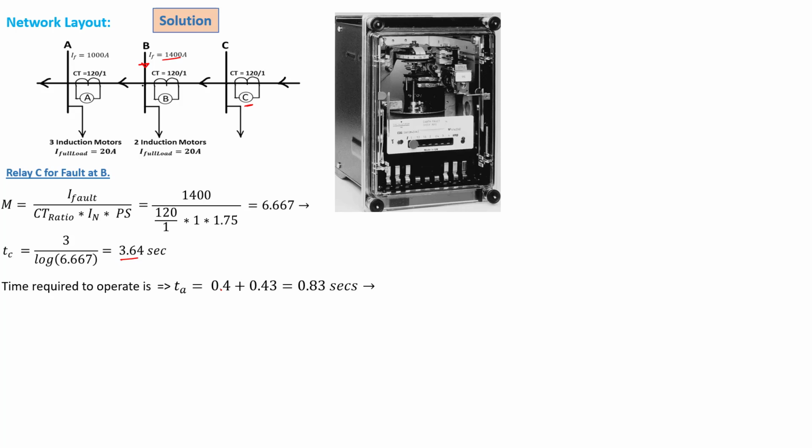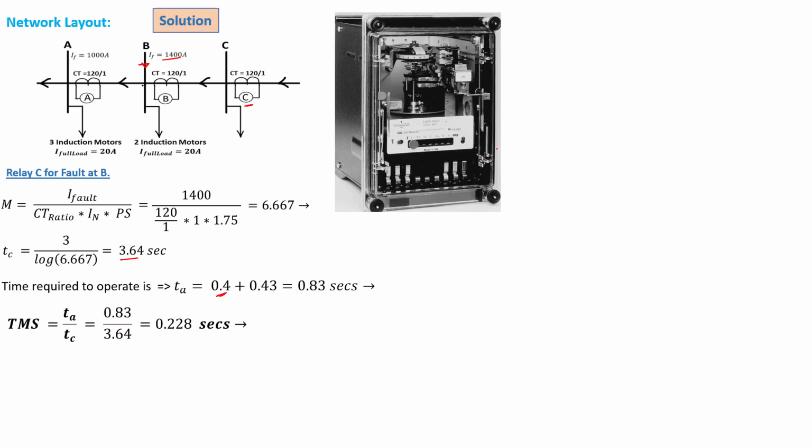So we're adding the grading margin of 0.4 plus the operating time of this relay, before this relay can react. That gives us a TA of 0.83. Then we can calculate our TMS to be TA over TC, and that gives us 0.228 seconds.